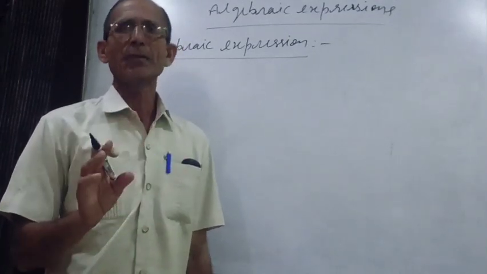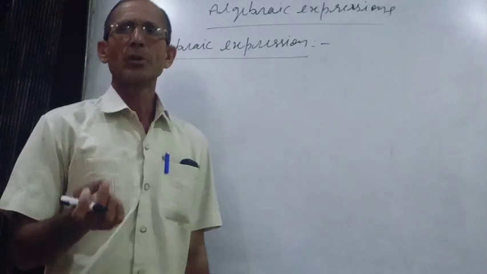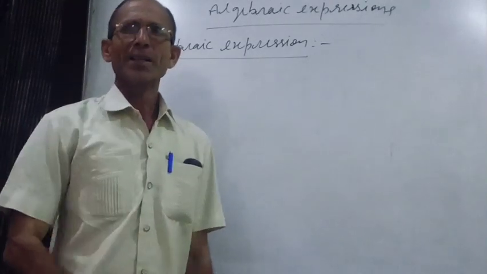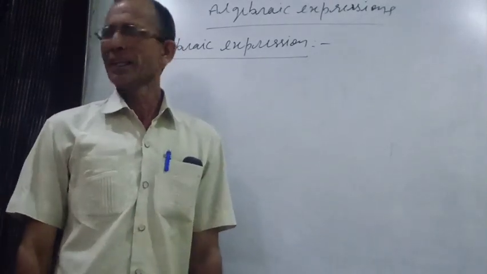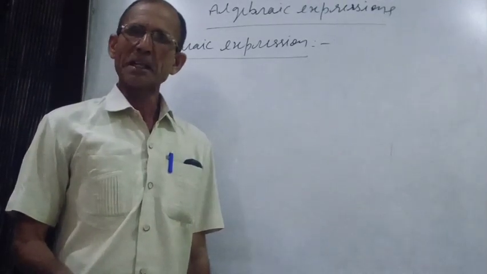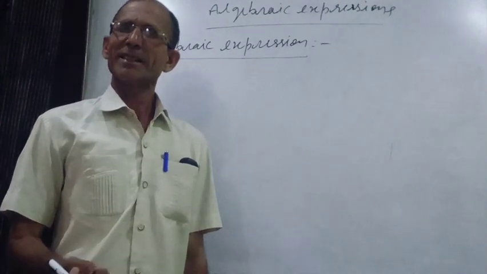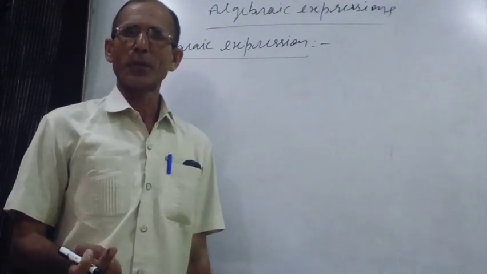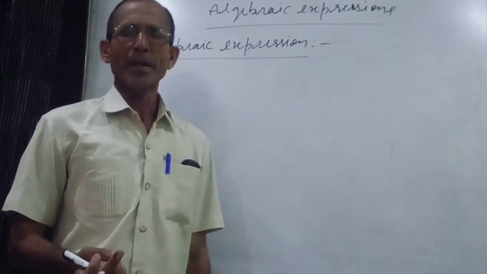There will be no change in 5. 7, 8, 2, 9, these are constants. And fundamental operations are addition, subtraction, multiplication, division. These are fundamental operations of maths. I hope you have understood.